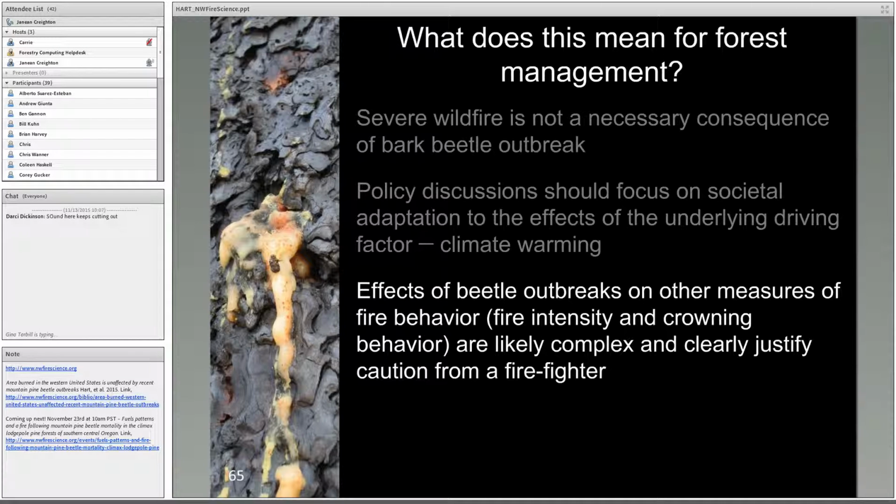There have been lots of reports of increased spotting in areas where there's mountain pine beetle infestation. So we might need to start thinking about how we actually fight fires in these landscapes. But the emergent effect after the fire has occurred on vegetation just probably isn't where we should be focusing our emphasis.